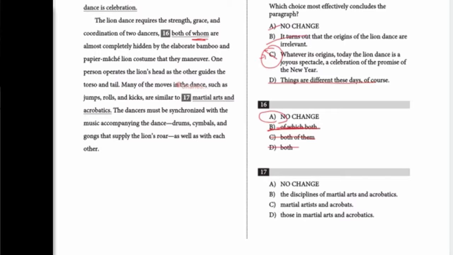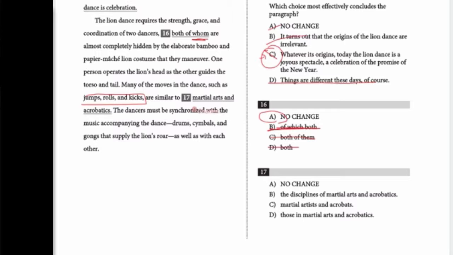One person operates the lion's head as the other guides the torso and tail. Many of the moves in the dance, such as jumps, rolls, and kicks, so these are nouns describing actions, are similar to martial arts and acrobatics. So we have a comparison here. We've got to make sure we're comparing like things, as with all comparisons. And we're not really comparing like things.